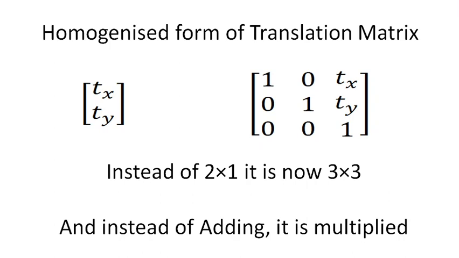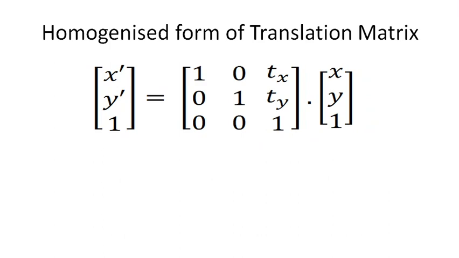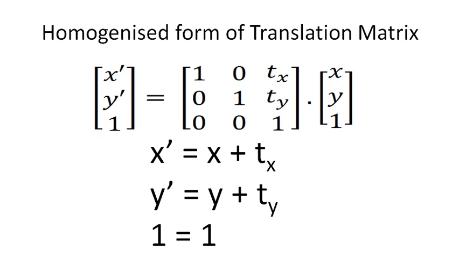Now let's move on. This is the homogenized form of a translation matrix, and we now move on to the homogenization of the rotation matrix. Before doing so, let's have a look at how the translation operation will take place. We will put a translation matrix and then multiply it with the point matrix, and the result will provide the new location of the point. So if you multiply these two matrices, you will get the same result as in the earlier case.